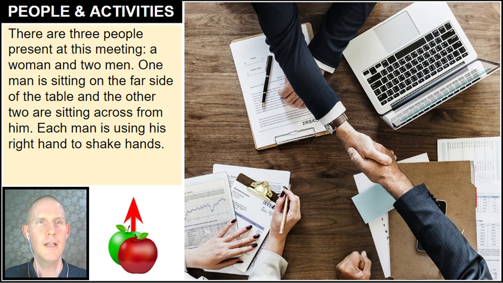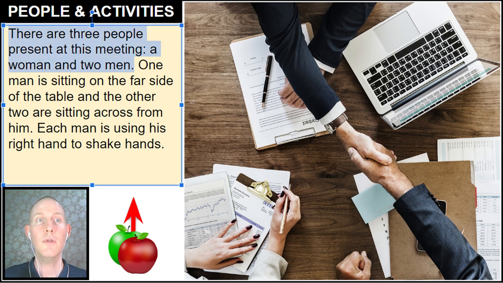Okay, all right. So repeat after me. Here we go. There are 3 people present at this meeting, a woman and 2 men. One man is sitting on the far side of the table, and the other 2 are sitting across from him.